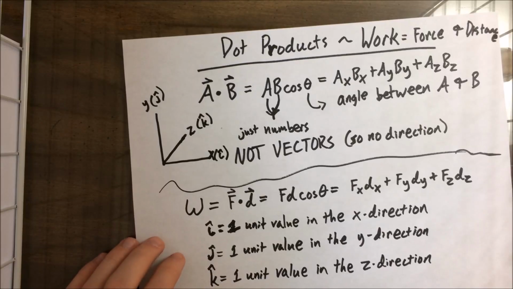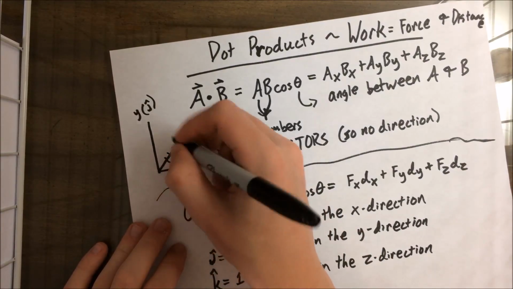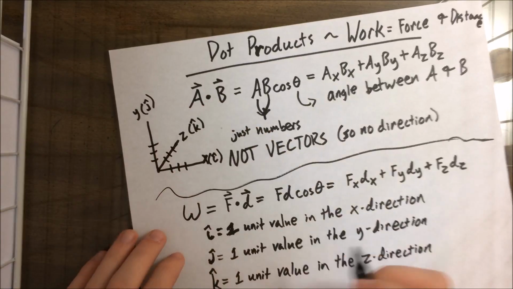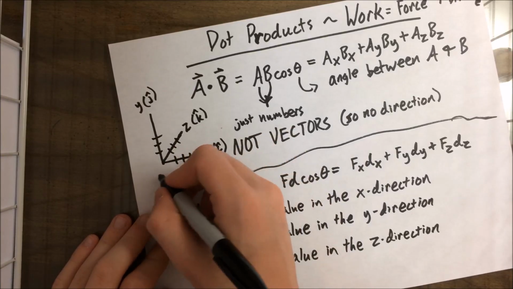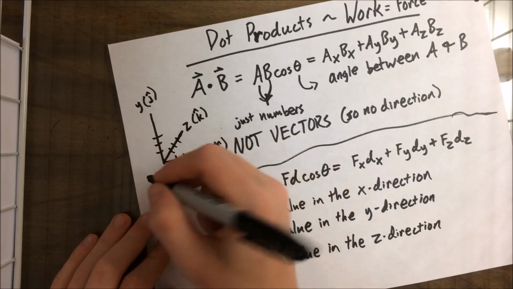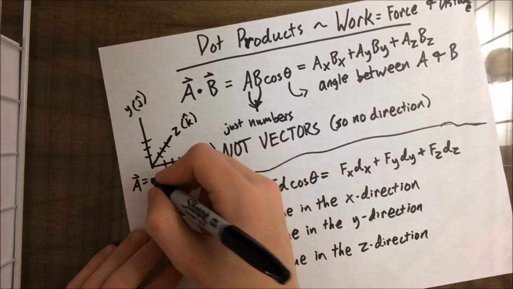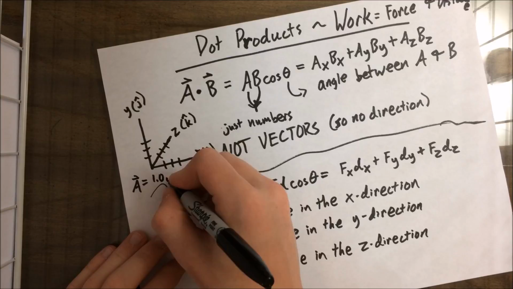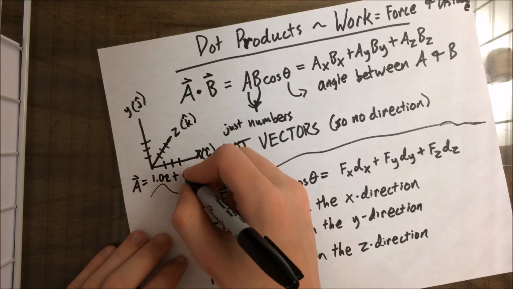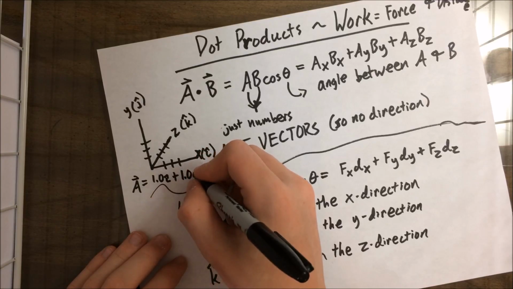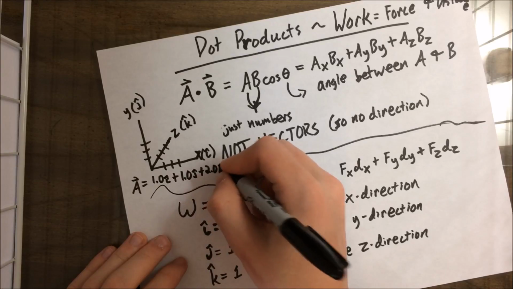So let's say, for example, the vector A is equal to 1.0 I hat plus 1.0 j hat plus 2.0 k hat.